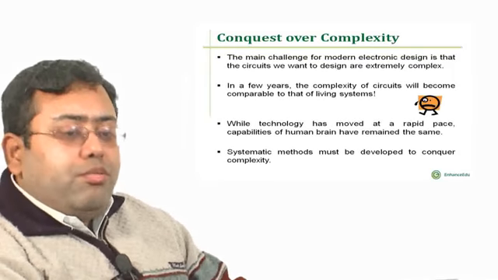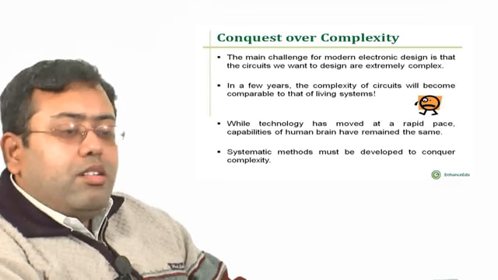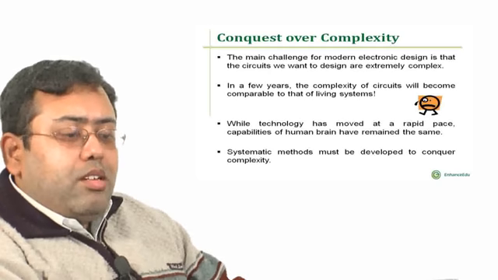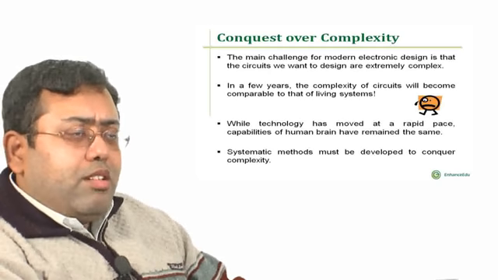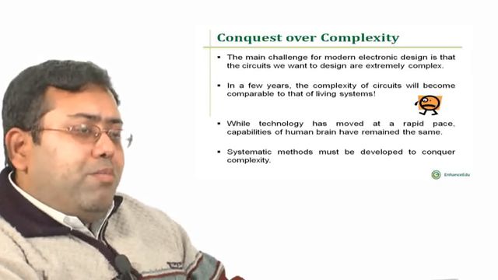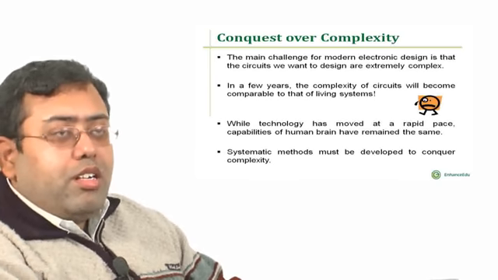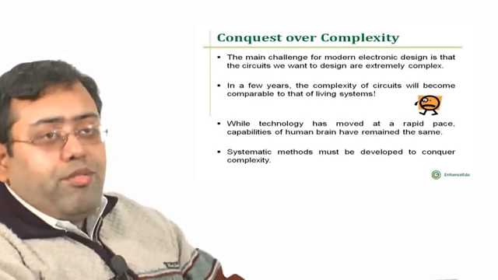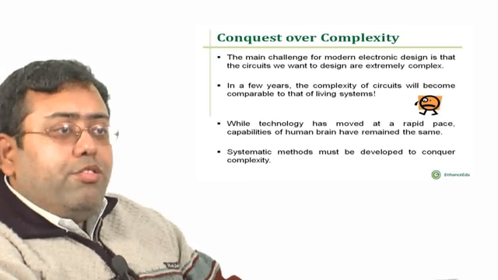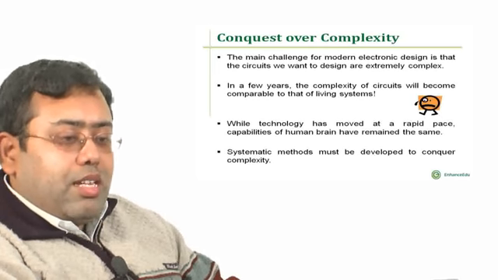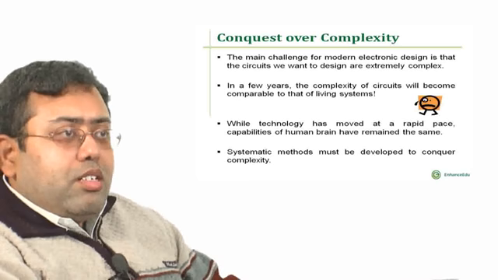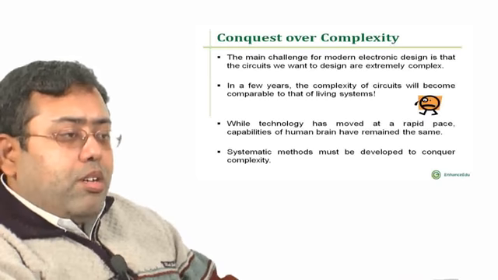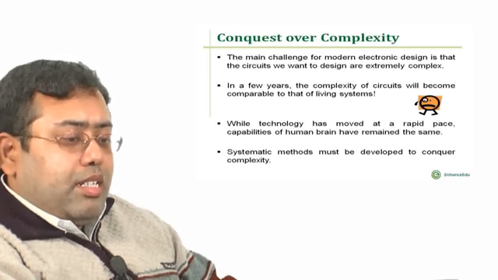The main challenge of modern electronic design is that the circuits we want to design are extremely complex. In the 50s and 60s, people used to talk of circuits having one transistor, 2 transistors, or 10 transistors. Today, we talk of processors which have a few million transistors sitting on the IC. Naturally, the complexity of circuits is exponentially increasing across the years because our demands are unending.